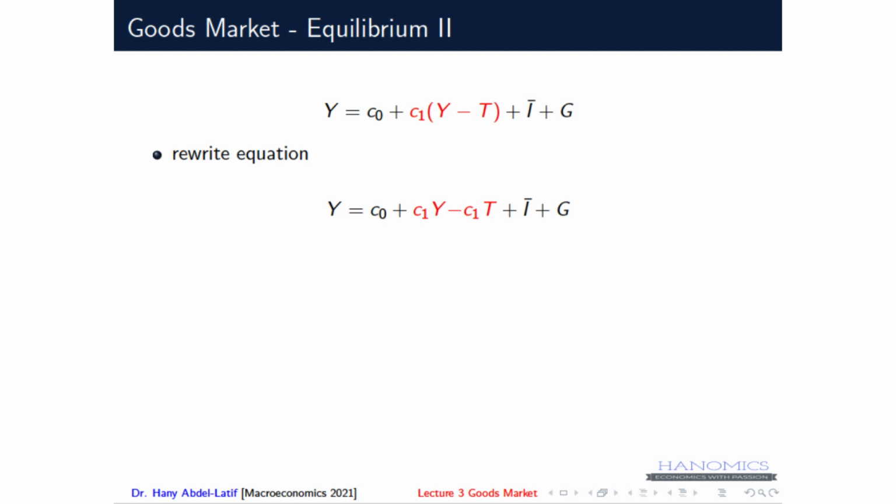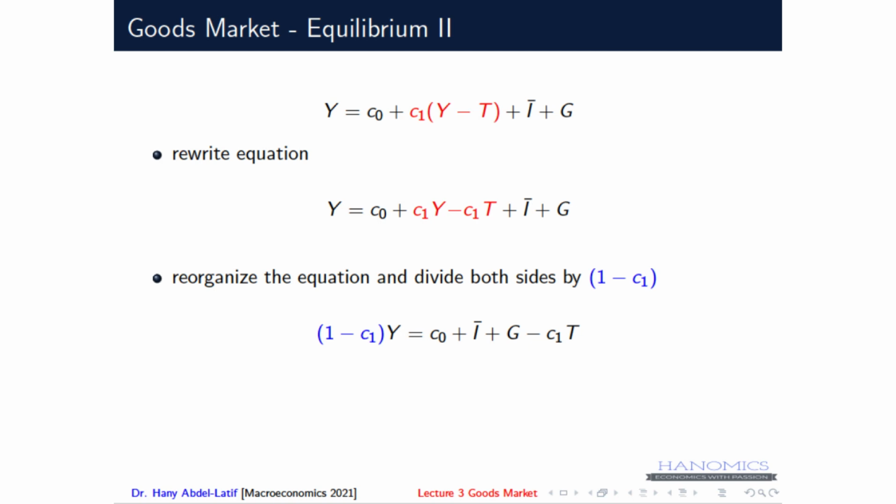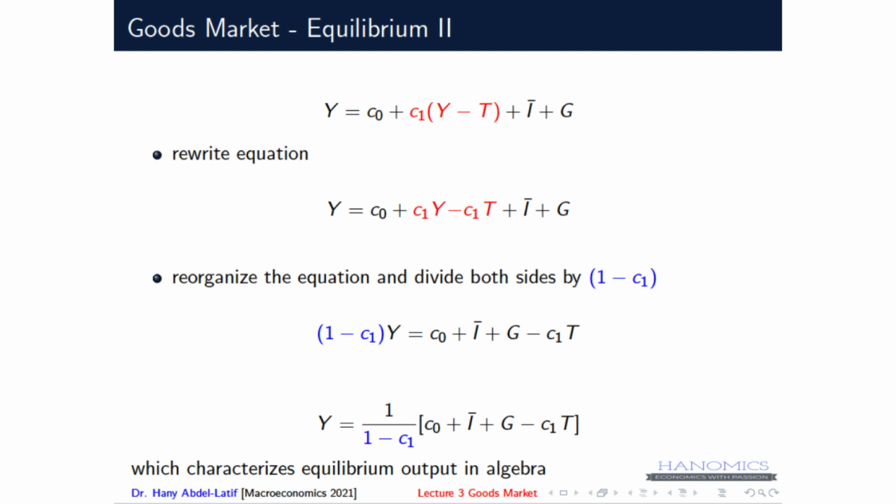Then we rearrange this equation. Just notice that we have Y on the left hand side and Y on the right hand side. So bringing these together on one side and dividing by 1 minus C1 will give us the equilibrium condition in the goods market. So that's Y equals 1 over 1 minus C1, where C1 is the marginal propensity to consume, multiplied by C0.